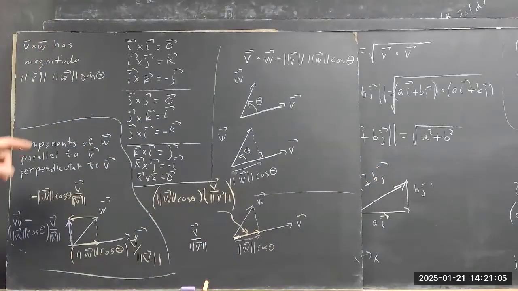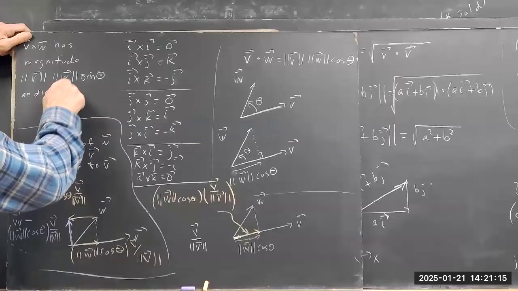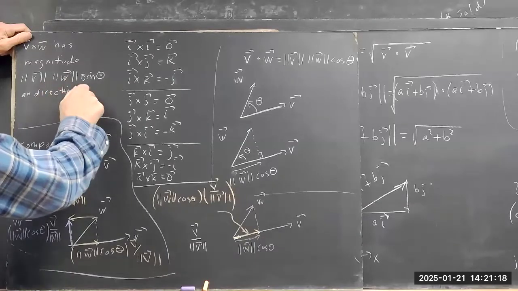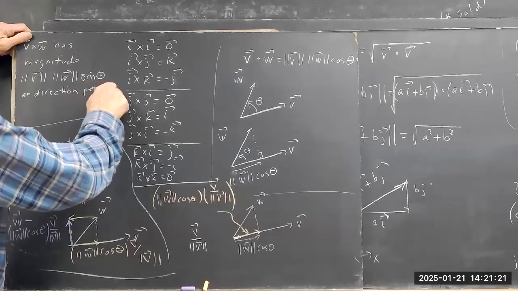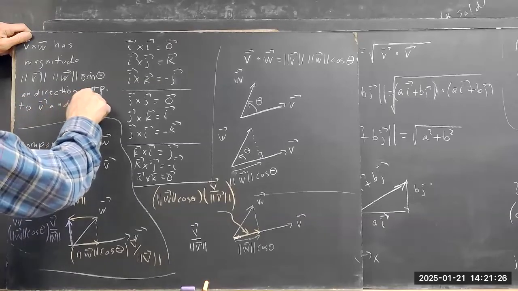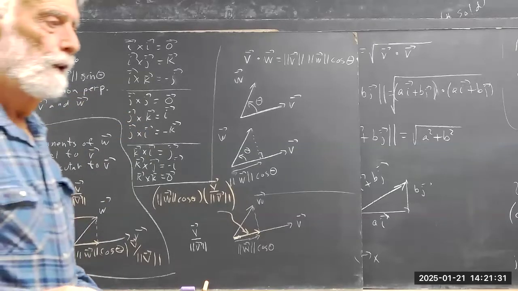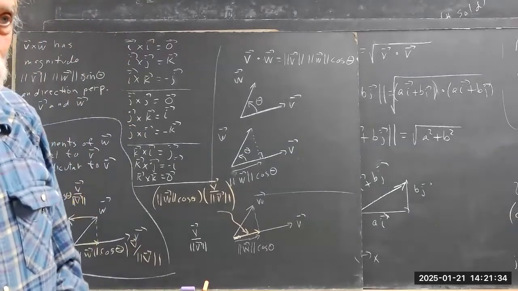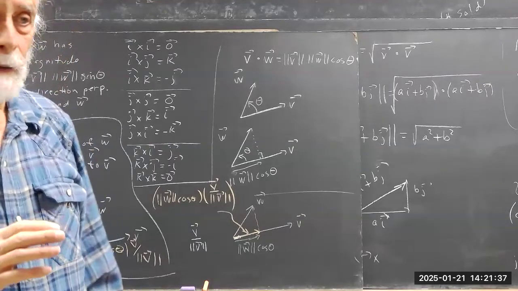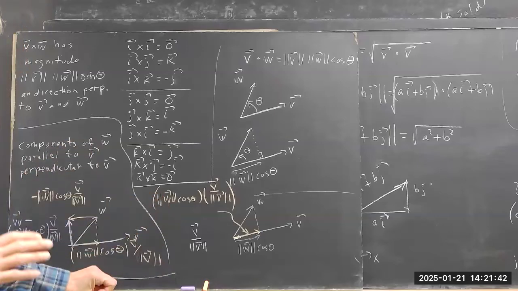But in the case of the cross product, it has this magnitude and direction perpendicular to V and W, but there are two directions perpendicular to any two vectors. Okay? And I'll demonstrate this, and everybody's looking, go ahead and write it down.